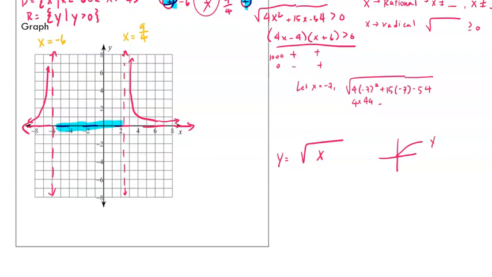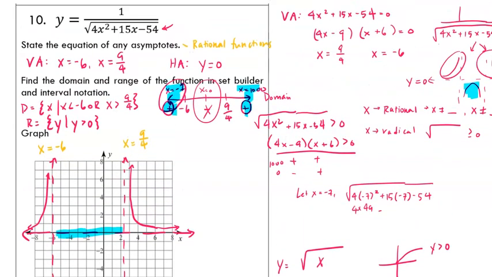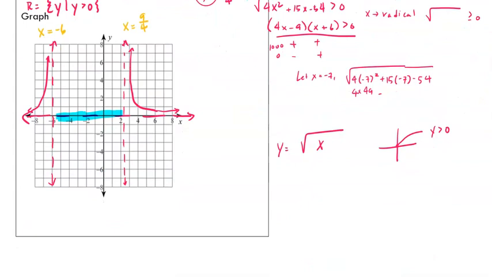The y is going to be greater than or equal to 0. And because it's a rational function, it eliminates that equal to. But because it still has the property of a radical function, it's going to still have that same range. There you go. Good job, guys.